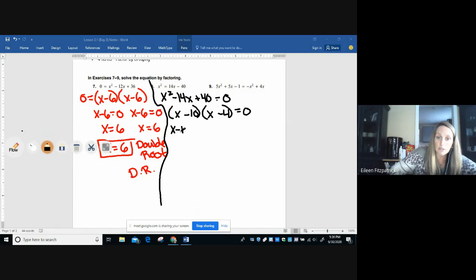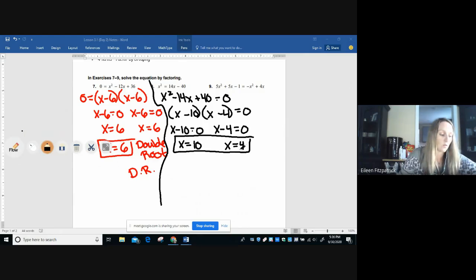Then I'm going to set each factor equal to 0. This is the zero product property. And I have x is equal to positive 10. Add the 4 to the other side: x is equal to a positive 4. So those are your two solutions, your two roots, your two zeros.